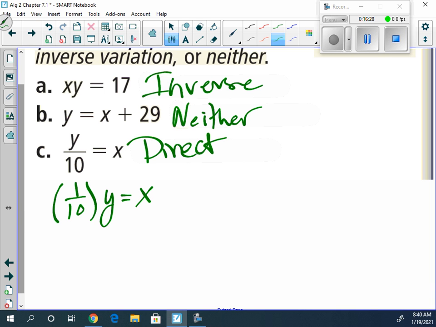Now, we could have also multiplied both sides by 10, because 10 and 1/10 would cancel out, leaving us with y equals 10x. And that's a little bit easier to see as direct, because we could solve it for y. But it is direct.